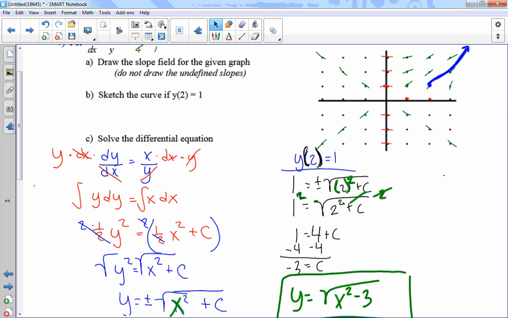Okay, there's the blue ones. Put yours in the baggie. Okay, so I'm going to make sure you have yellow, green, and blue.